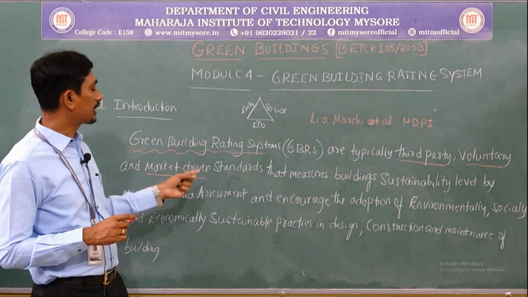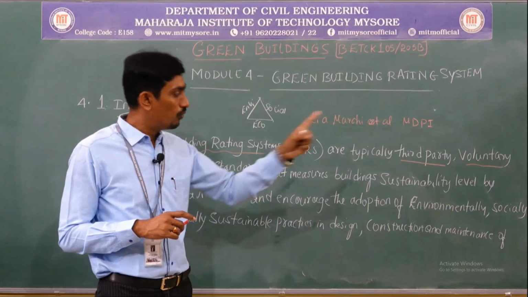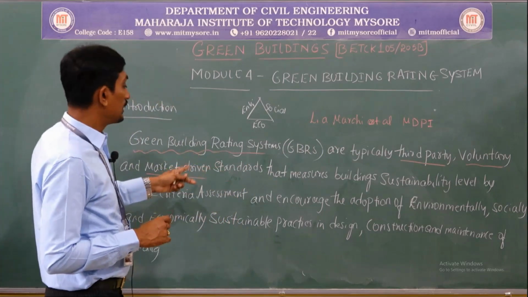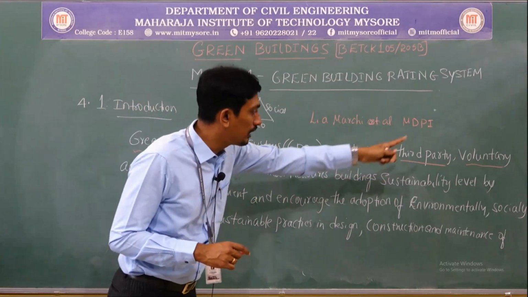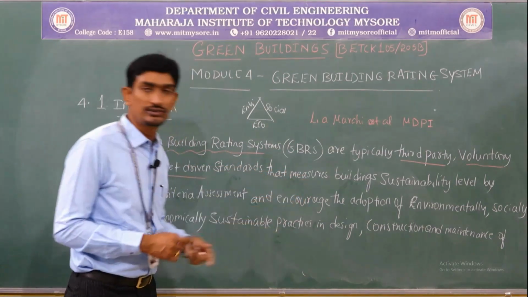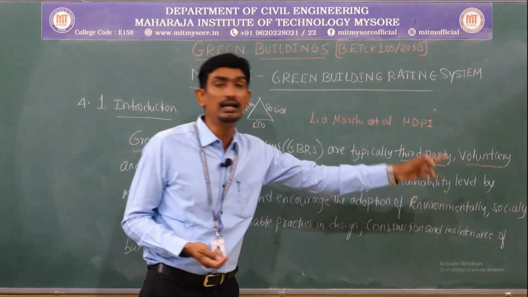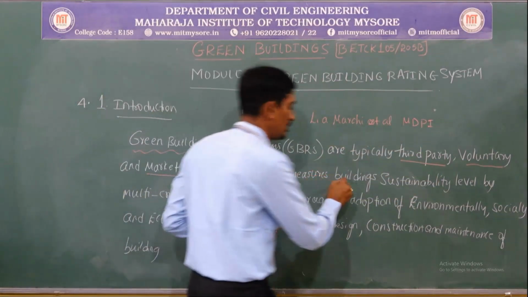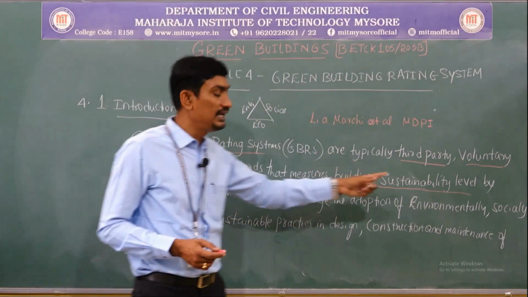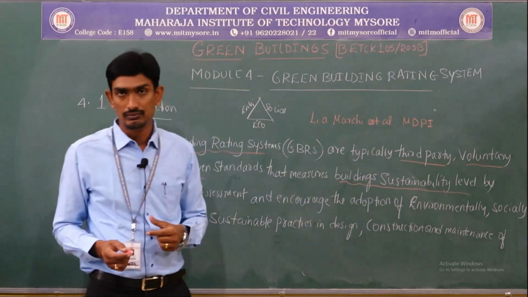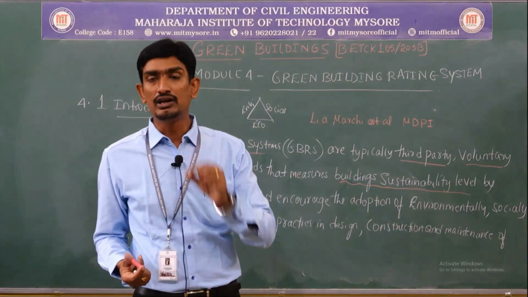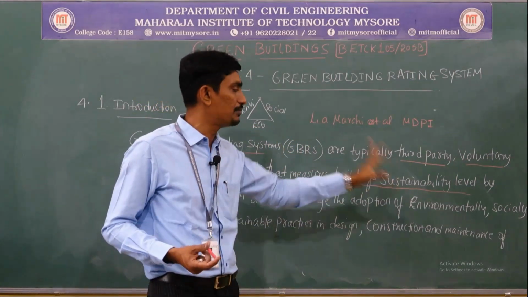So third party, voluntary and market driven standards that measure building sustainability level. All these standards I am going to use to measure the building sustainability level. Building sustainability means meeting the present demand without compromising the future. That is the sustainability level.